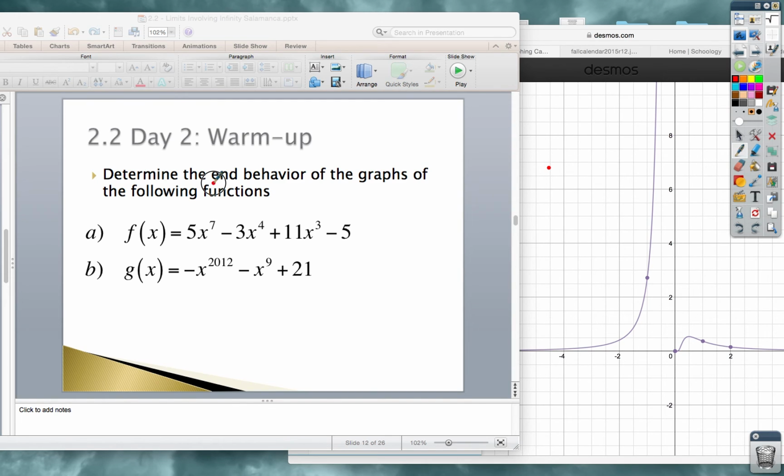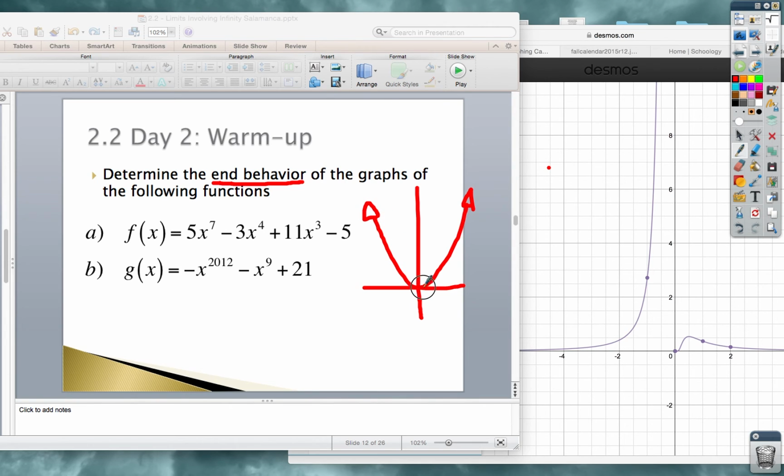Now, a quick thing on end behavior. End behavior actually tells us the behavior of a graph on its ends. So if we were to take a look at a few different graphs, for example, if we were to draw and sketch one, this is going to be your standard x squared graph.